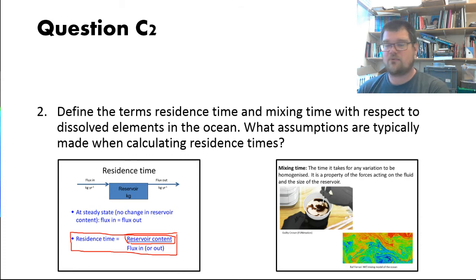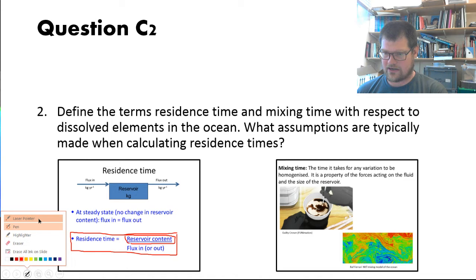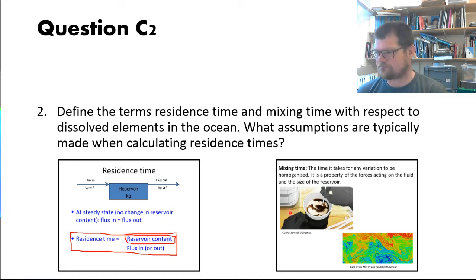And then the other part was the mixing time. Quite a few of you didn't have great descriptions of what mixing time is. It's described by this slide from the lecture, where we asked how long it takes for the two different components of your coffee to mix together and become homogenized.